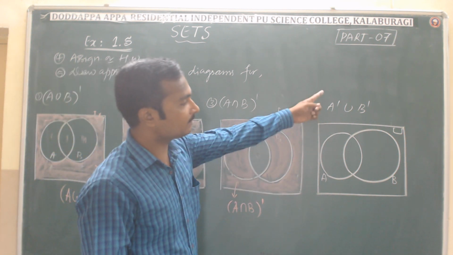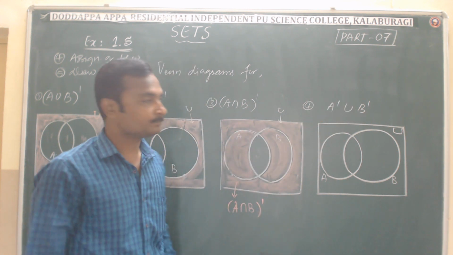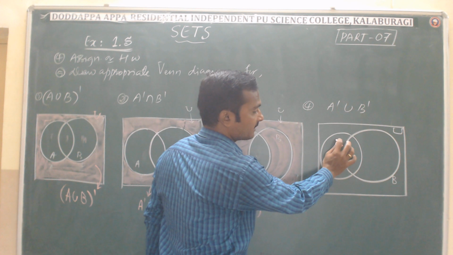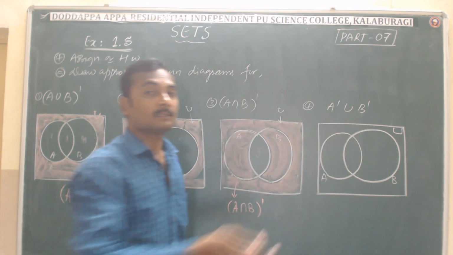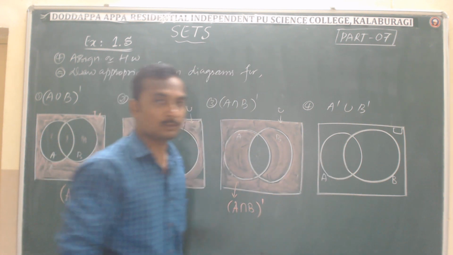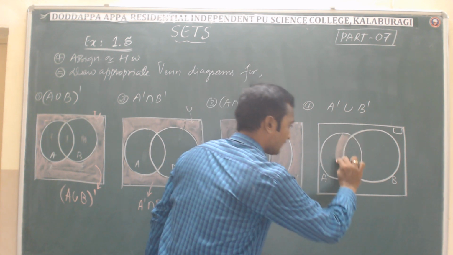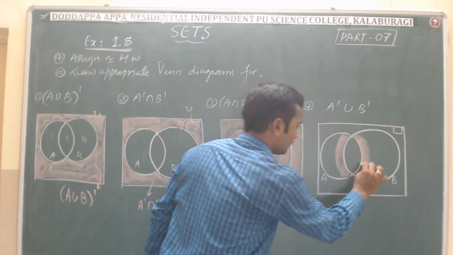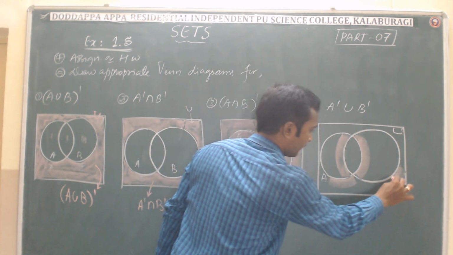What is A complement union B complement? A complement is the area except A, B complement is the area except B, and then the union of those two. So again the same picture is going to repeat: except this area, the rest of the area.